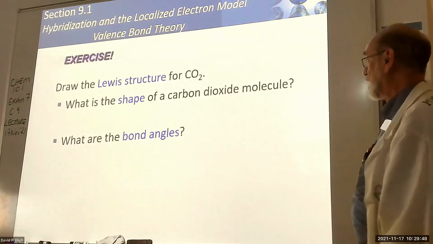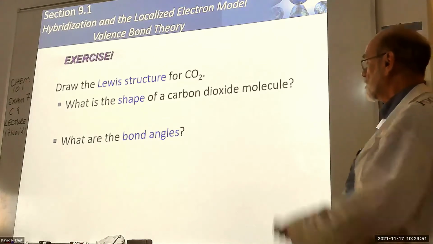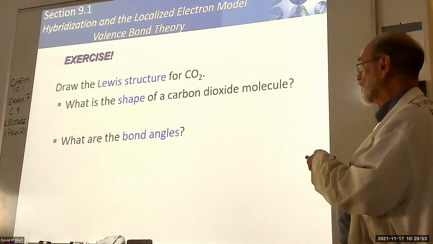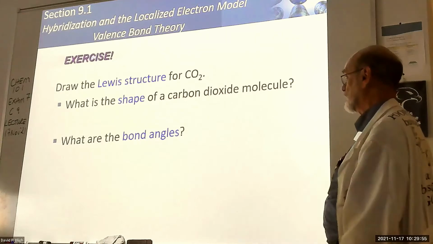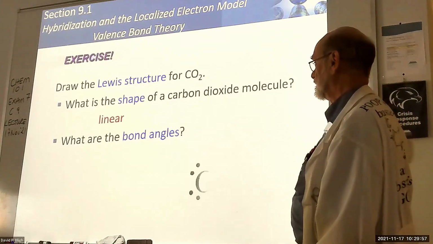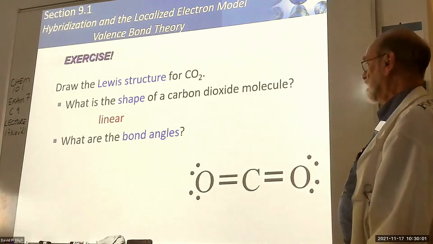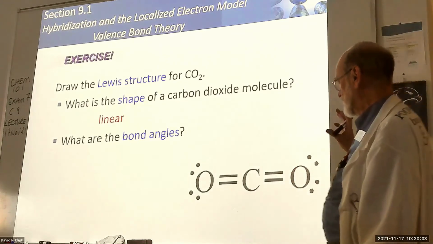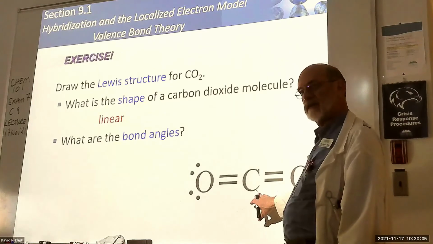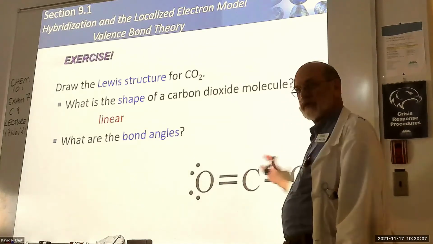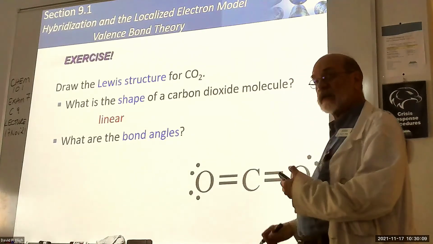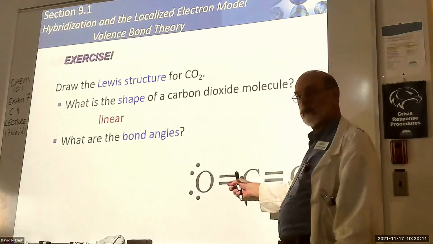Okay, carbon dioxide. So the shape of the carbon dioxide molecule we know is linear. Right? Looks like this. So how do we hybridize this carbon so that it can bond with these two oxygens? Well, you only need two sigma bonds here, one on this side, one on this side.